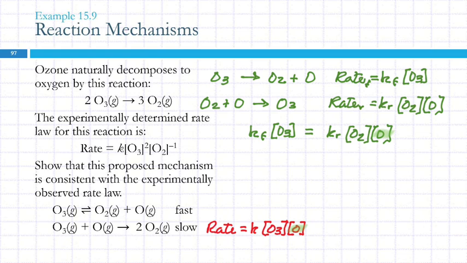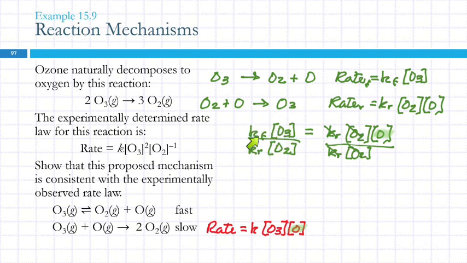And then we can take that and plug it in for O and make O go away. So I'm going to divide both sides by K reverse and O2. Those guys are going to cancel out then. So O is equal to this.